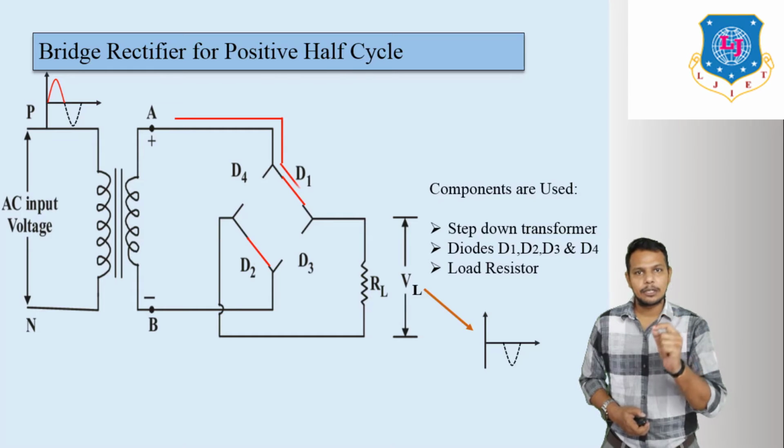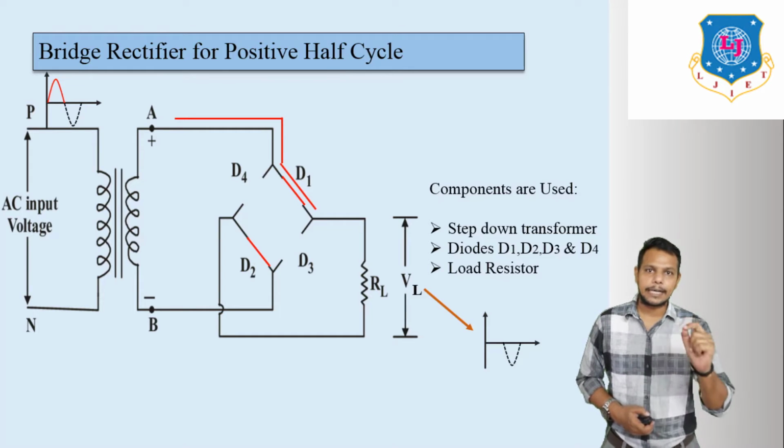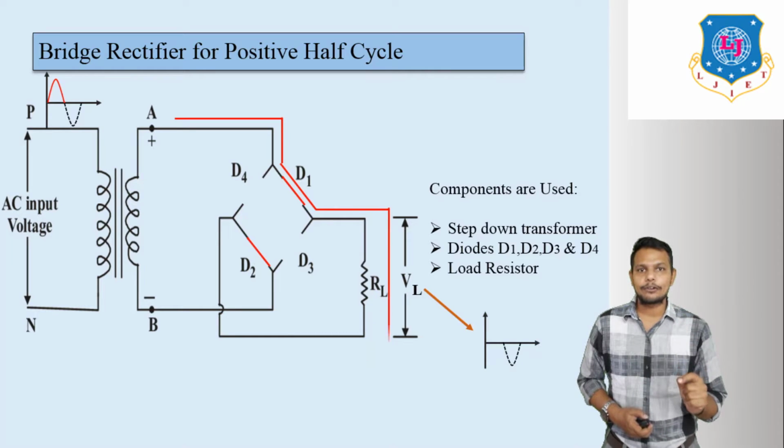So it becomes a closed loop. Then it goes through the load resistance RL, and we have to find the output voltage across this load resistance RL.